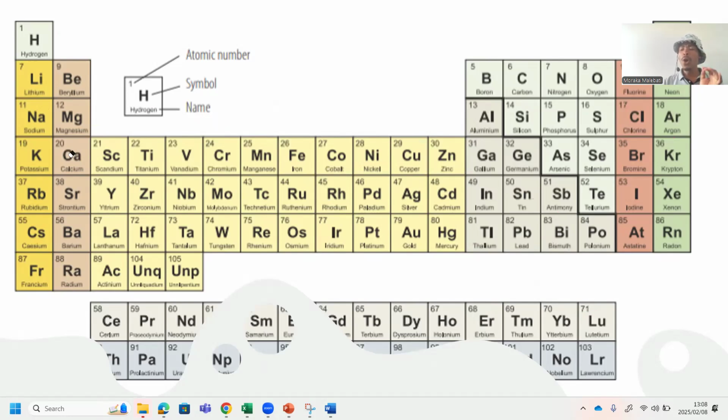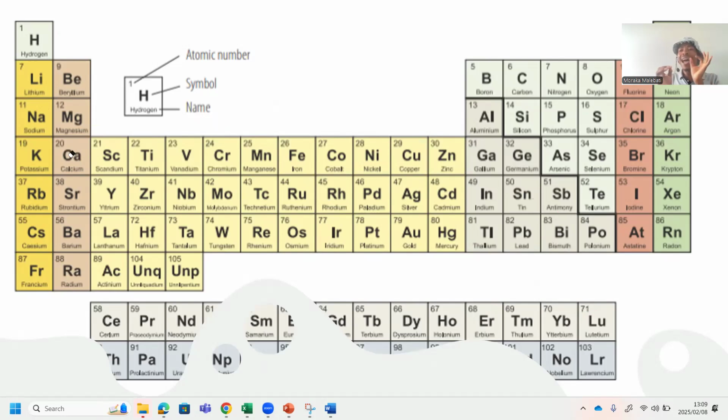So when you are looking down the group, remember, in terms of the atomic radius, we were looking across the period, moving from left to right. Now we are moving from top to bottom. The atomic radius will increase from top to bottom, because when you go down, you are always adding a new shell.